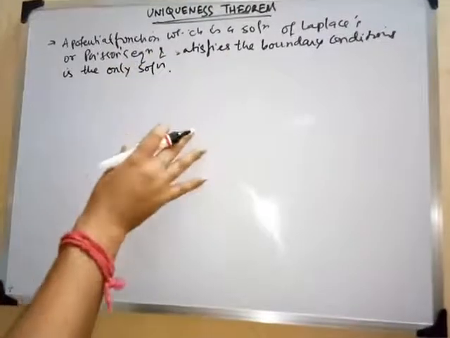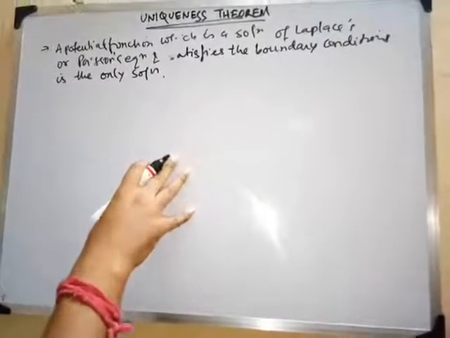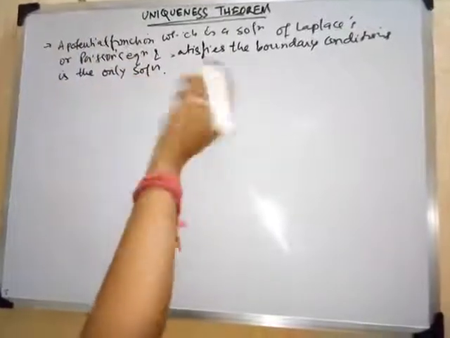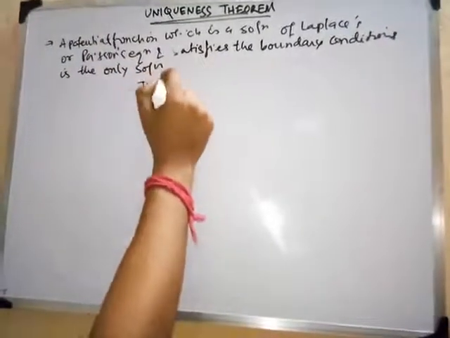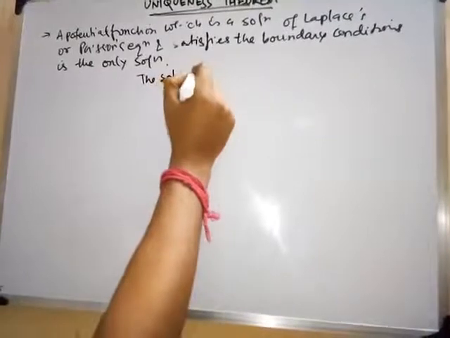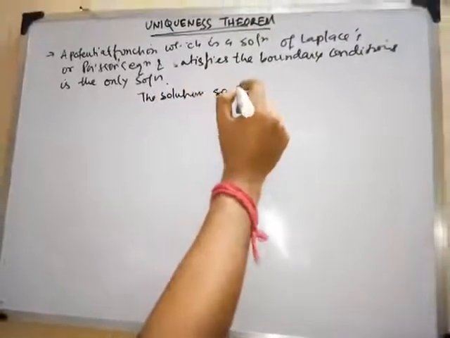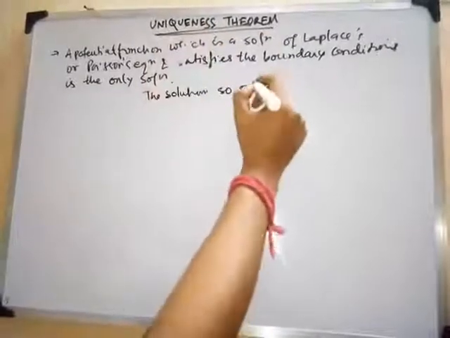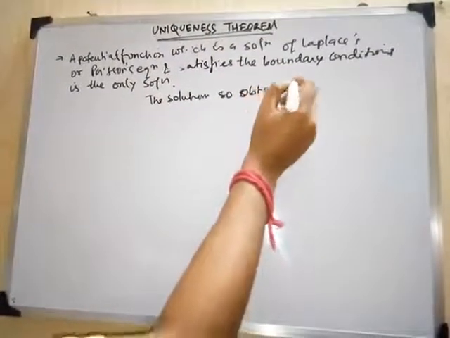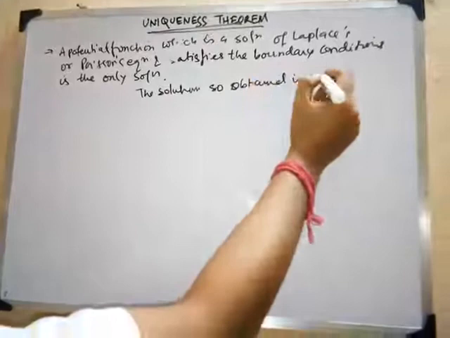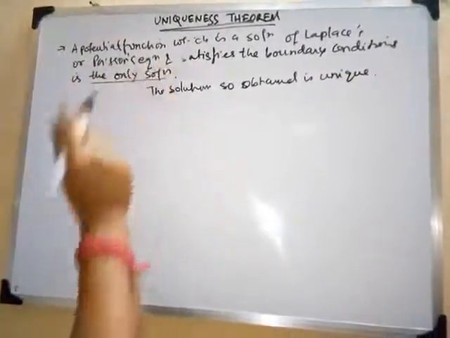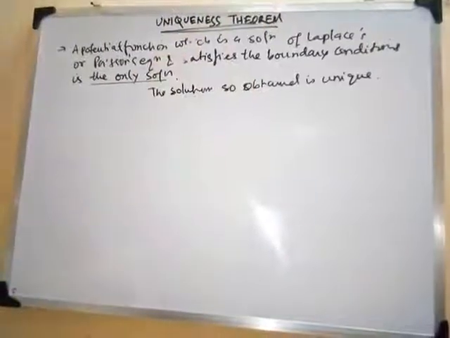Or in brief, you can say that the solution so obtained is unique. That means only one solution can be present. Or you may write, the solution obtained using these Laplace or Poisson expressions is unique, that is, it can have only one solution, right? So this is the uniqueness theorem.